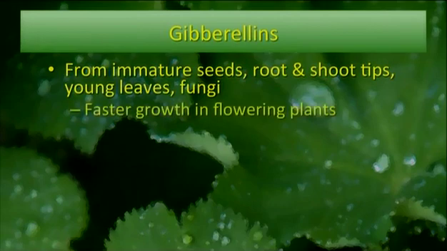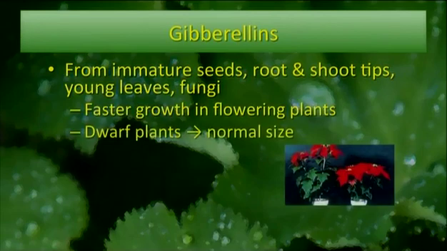They allow for faster growth in flowering plants. They even allow for dwarf plants to go to normal size, which is something that some people might want, some people might not want. They also encourage flowering.